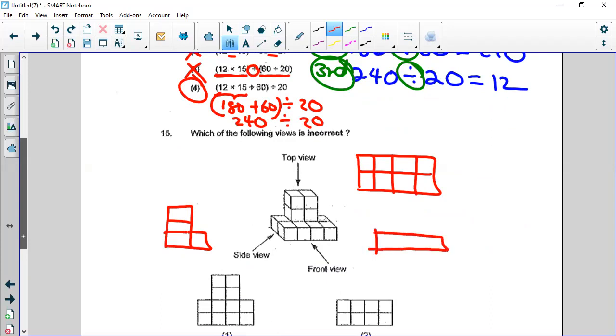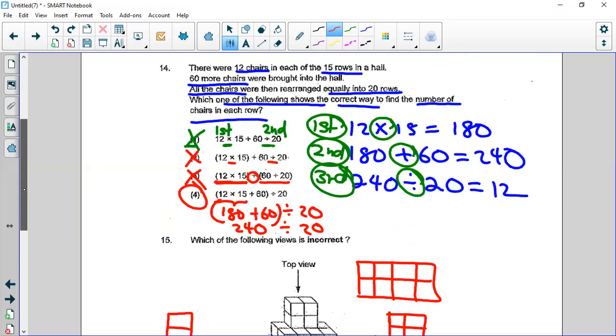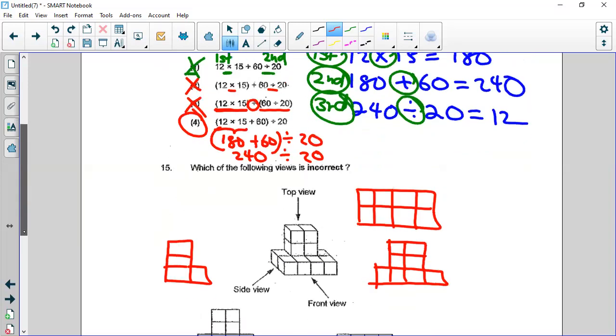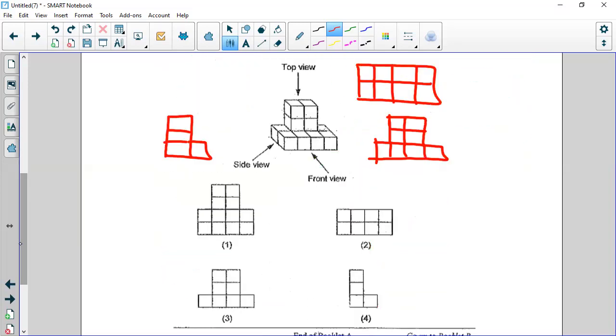Okay, front view. So you draw all the views, and then later what do you do? Later you compare with the answers, right? Compare with the answers to see which is not the same. Okay, let's compare the drawing with the answers. Okay, now can you see this one, which is here? So this is correct.